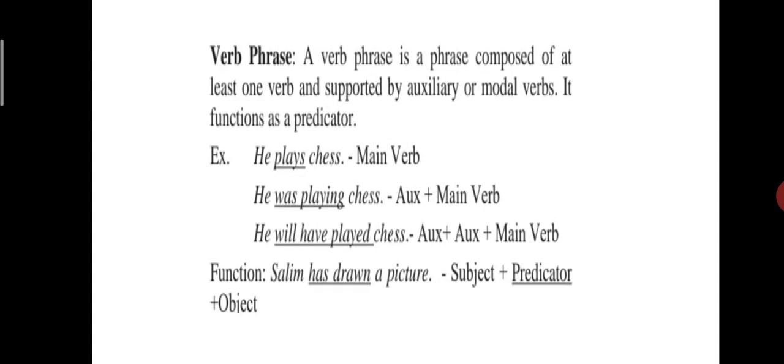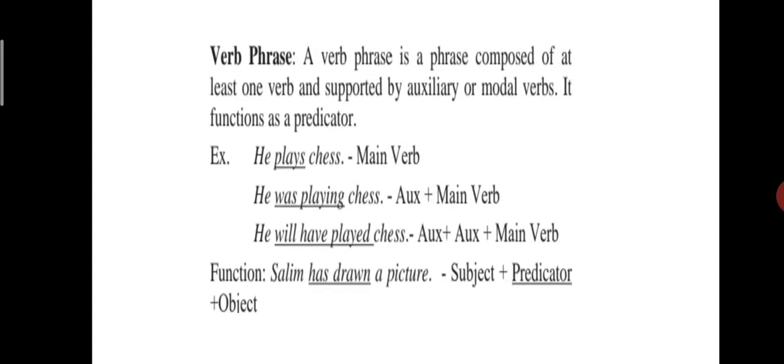He plays chess. It is a plain example. Plays is a main verb. Next, he was playing chess: auxiliary plus main verb, where the auxiliary is was. He will have played chess: auxiliary plus auxiliary, will have, plus main verb, played. Function: what is the function?